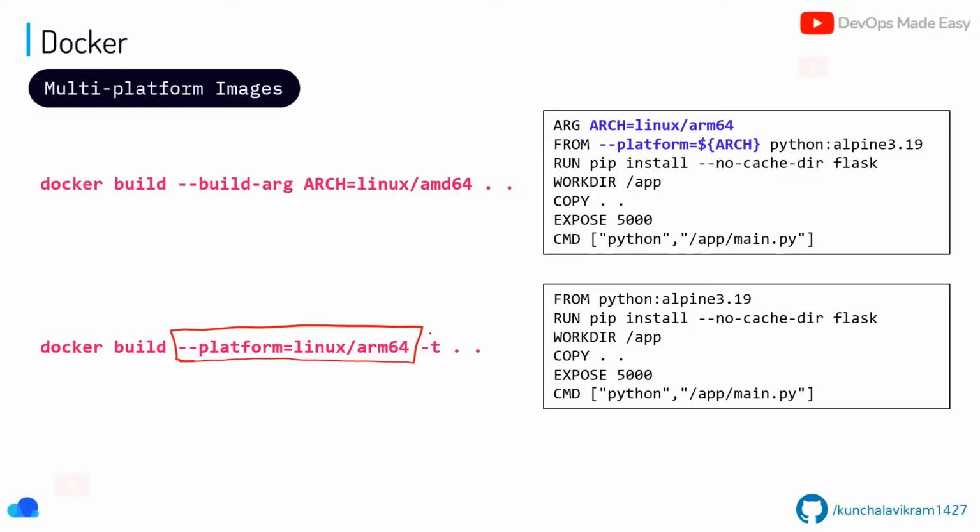Automatically the Docker FROM instruction will use this platform to pull the proper image. So either you go for this or you go for this, but always remember these are just to generate the platform images separately. So you will be storing them as separate tags.